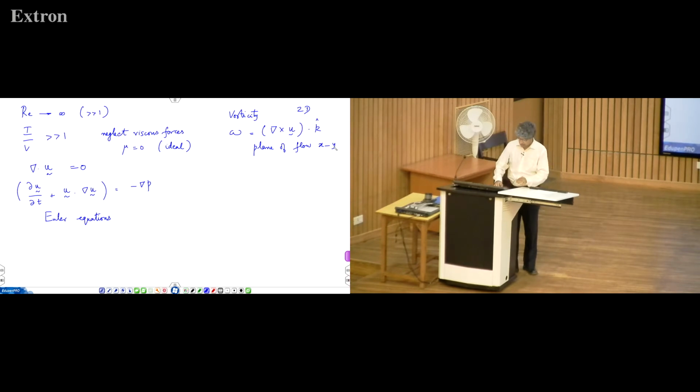So, if you do the cross product of the momentum equation and dot k, that will give you a scalar equation.